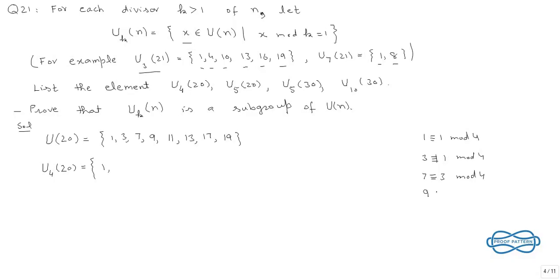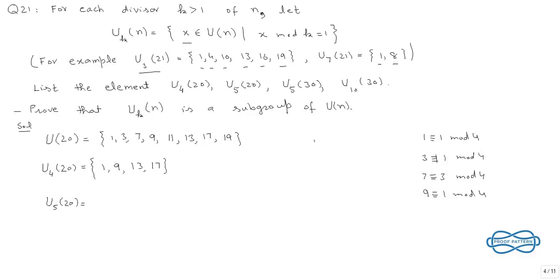But we can see that 9 is congruent to 1 mod 4, so 9 will belong to this group. Similarly, we will check every element one by one and we will get 13 and 17. So this subgroup, if we prove later that it is a subgroup, consists of 4 elements. Now U_5(20).